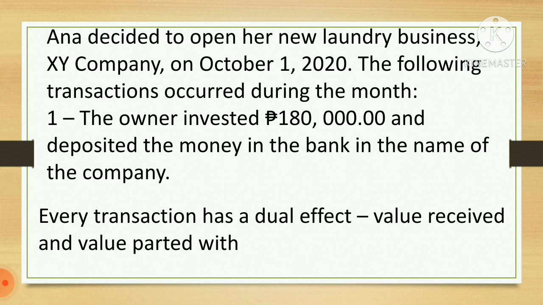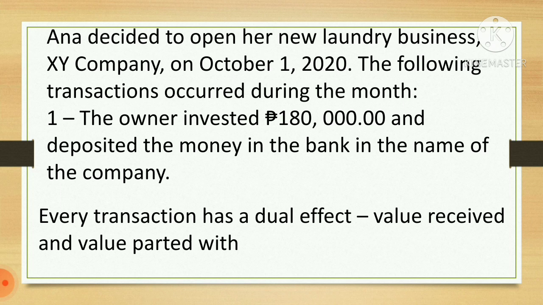For example, if each candy costs 1 peso, how much are you going to give the seller in order for you to get the candies? You're going to give 5 pesos. So going back, when you give your 5 pesos to the seller, what will you receive? What's the value received? You received the 5 candies, and you have given 5 pesos, which is your value parted with.